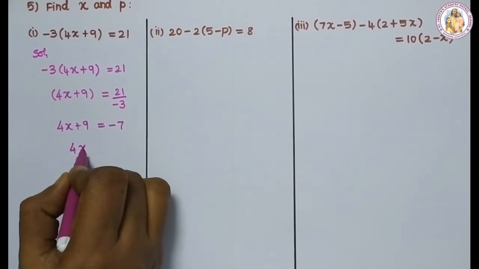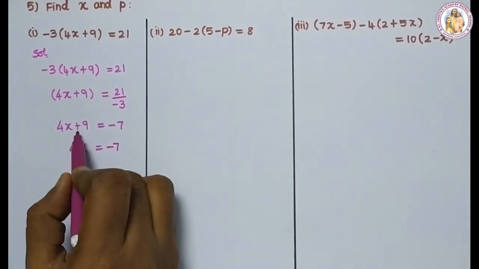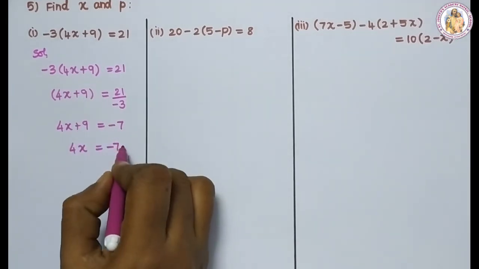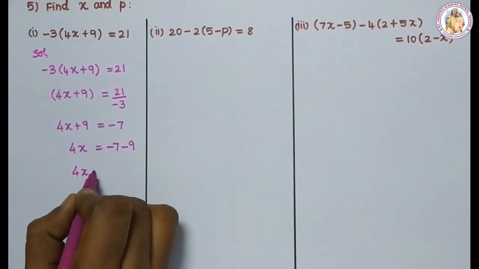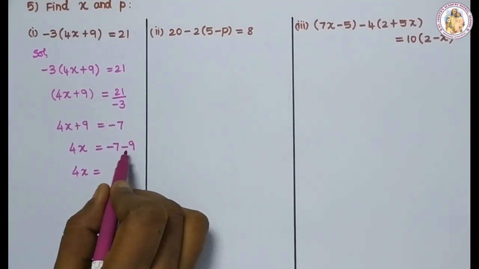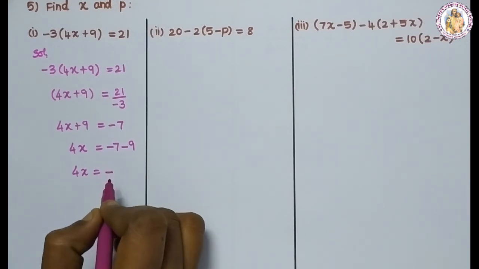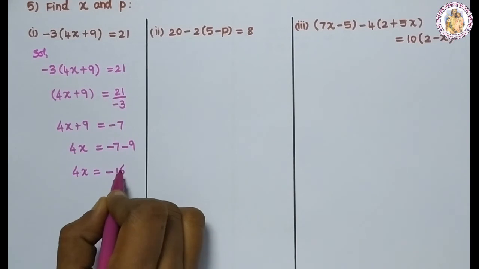Now 4x equal to minus 7, here 9 is in plus sign, bring this side means minus. So 4x equal to minus 7 minus 9, same sign means we have to add this number with the same sign, so put the sign and add this number means we get 16.